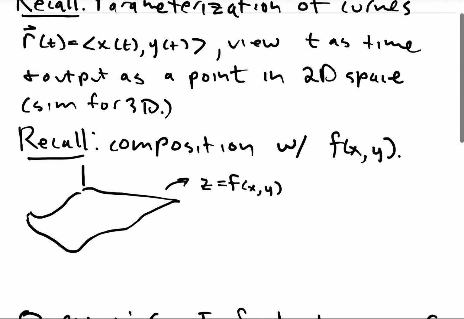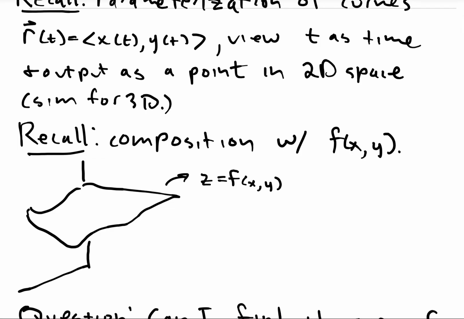Okay, so maybe I have some sort of curve C that I can think of as having my parameterization. This guy is parameterized by r of t.